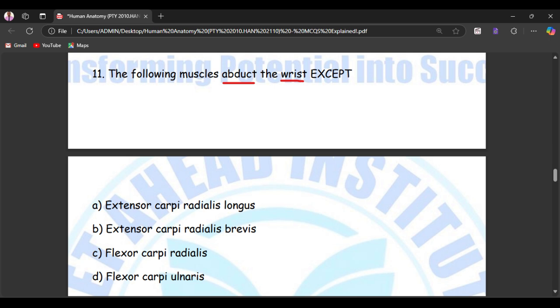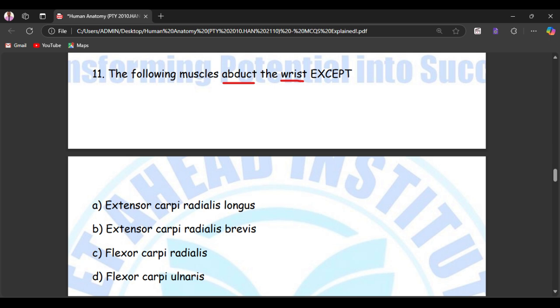The main muscles which have to do with abduction of the wrist include the flexor carpi radialis, the extensor carpi radialis longus, and the extensor carpi radialis brevis.